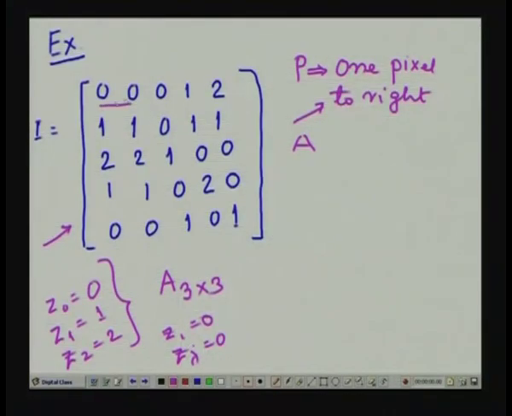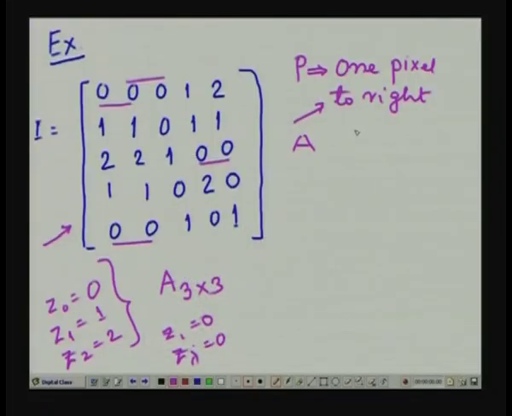So, I count how many times this 0 0 pair, in the horizontal direction at a distance of 1 pixel, appears within the given image. Here I have one such pair, this is another pair, this is another pair, and this is one more pair. So, the number of times this 0 0 pair appears is 4, and A 0 0 will be equal to 4.